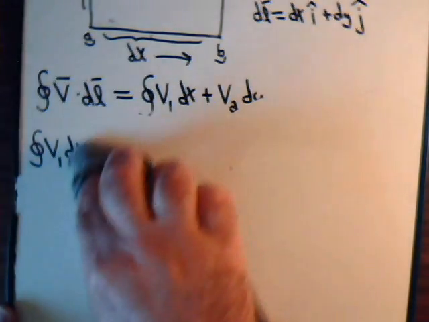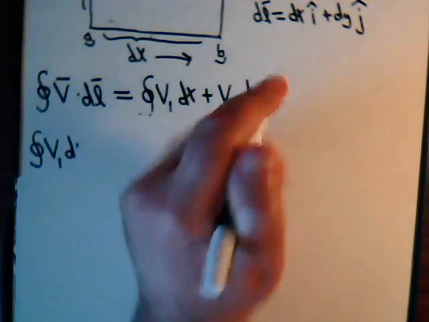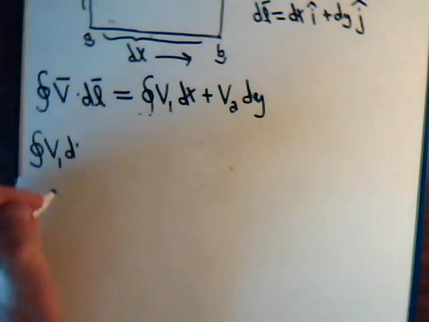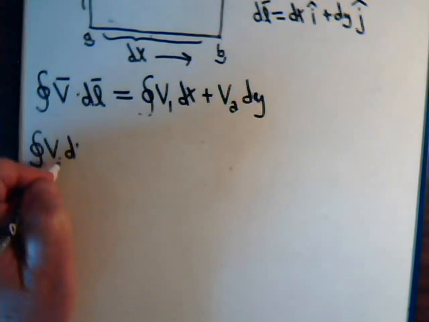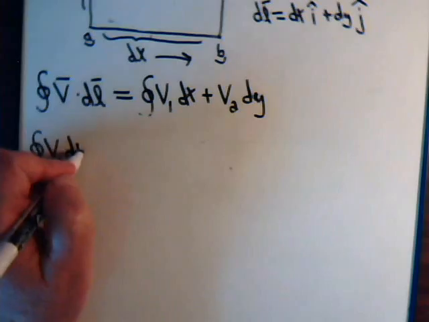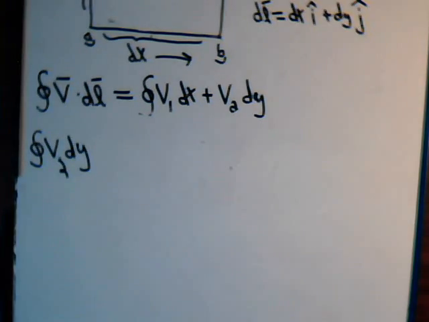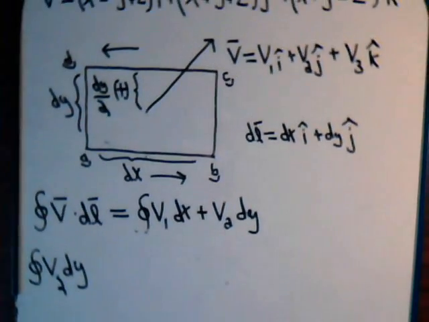So now we have v2 dy. Let's go back to our diagram.